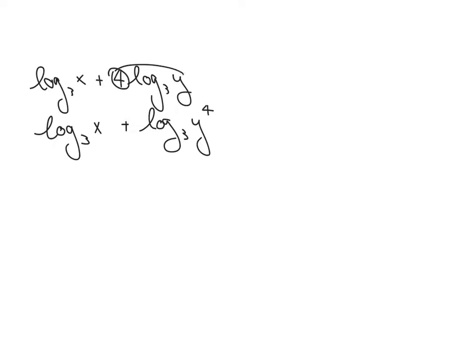And that goes up there on the y. Okay, and that's from number 8, the power property. So now I don't have any numbers in front of my logarithms, and that's the first thing you're going to do. Now I'm going to look at property 6, and I notice that they're added in property 6 and they're added there. So what do I do? I give my same base and I scrunch them together.